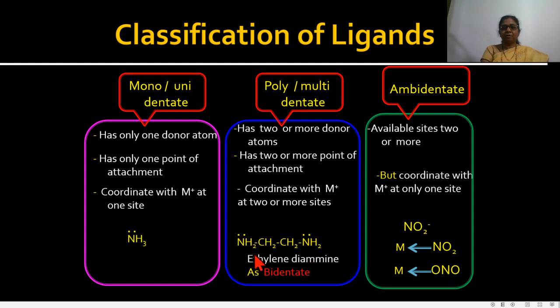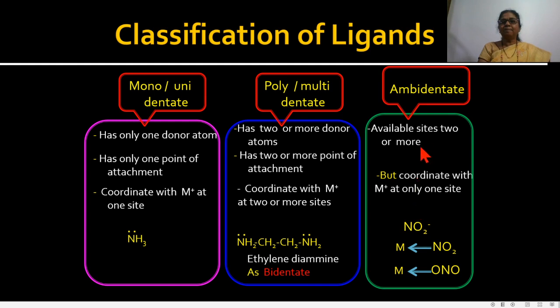It has two points of attachment. That means it is coordinated from this nitrogen atom and also from this nitrogen atom. In this ligand, it is coordinated with the central metal ion from these two nitrogen atoms. Therefore, it is called a bidentate ligand.